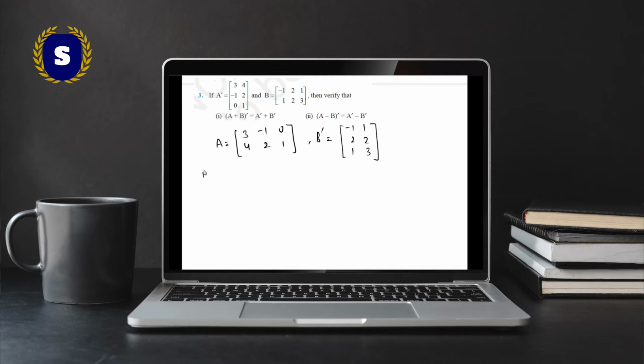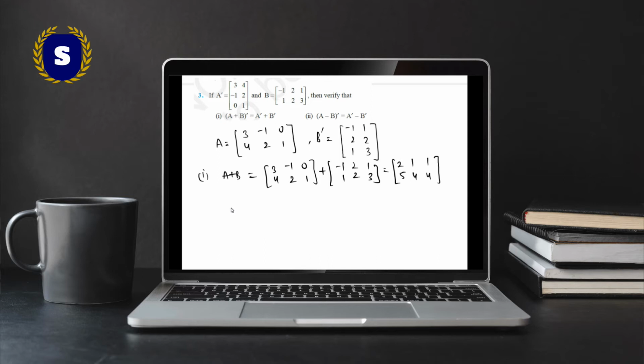So for the first part, let us calculate the A plus B matrix first. That is [3, 4, -1, 2, 0, 1] plus the B matrix, which is given here, [-1, 1, 2, 2, 1, 3]. So this is equal to [2, 5, 1, 4, 1, 4], right?